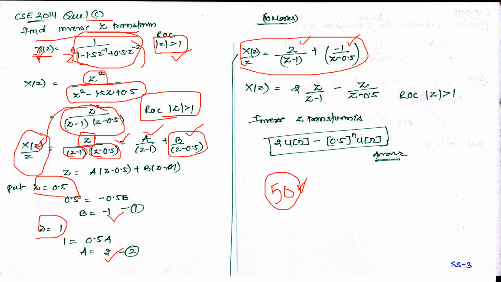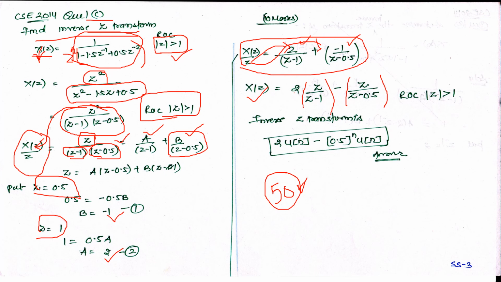Now once you have this, you take this z again to the right hand side, so this z will go there in the multiplication and X(z) will look like this: 2 into z divided by z minus 1, and z divided by z minus 0.5 will come.